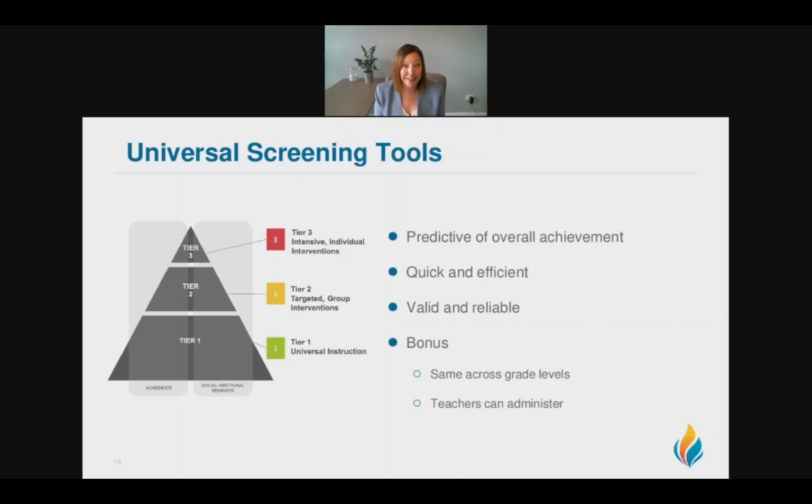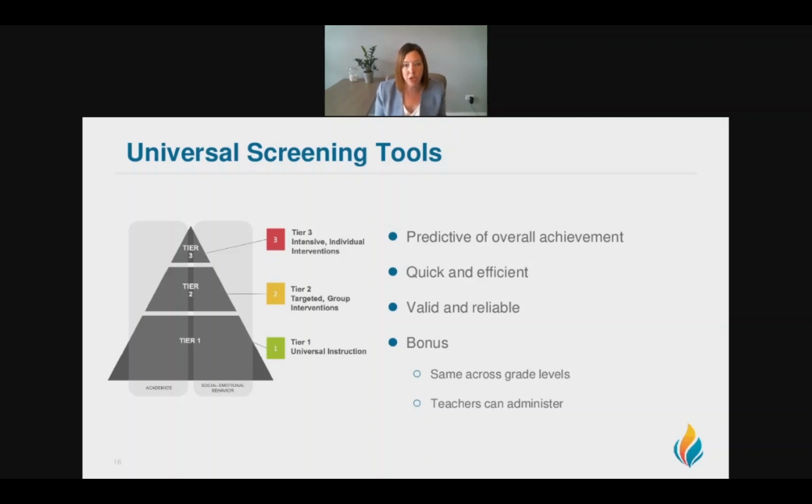And it's a bonus if we can do these two things. If in your school you can have the same assessment across grade levels, that works really well for a couple reasons. One, teachers can talk to each other and do vertical alignment work. In order for teachers to understand the data that are coming to them, it's easier if it's the same or a similar assessment and follows similar properties.